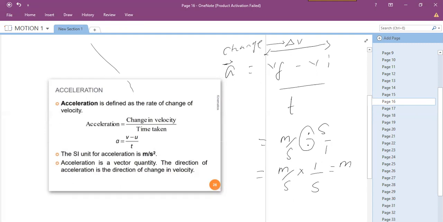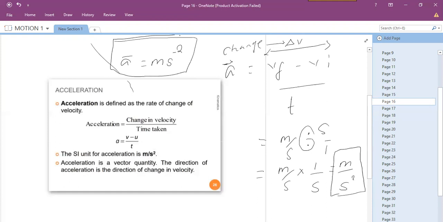Therefore, the SI unit for acceleration will be meter times 1 over second times second, so meters per second squared. So every time, please, the SI unit for acceleration is meters per second squared.